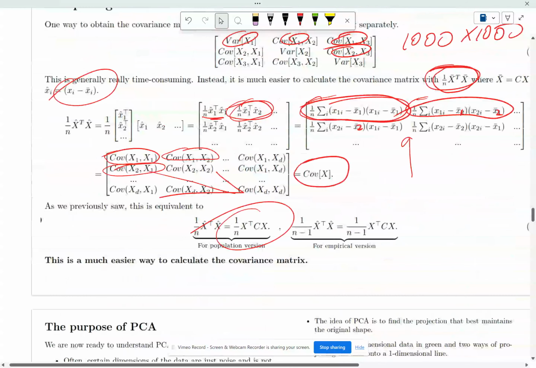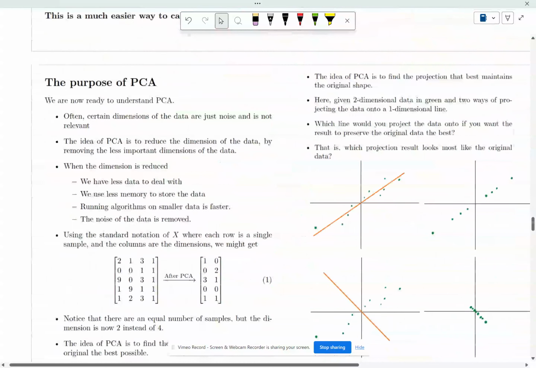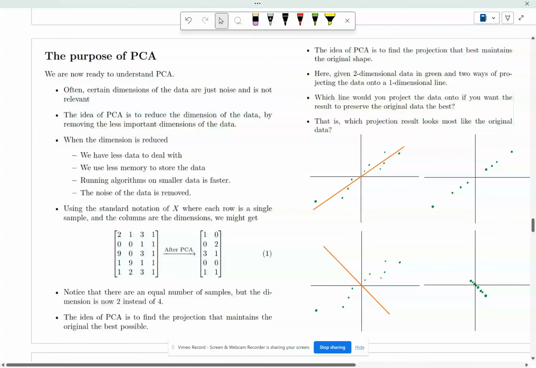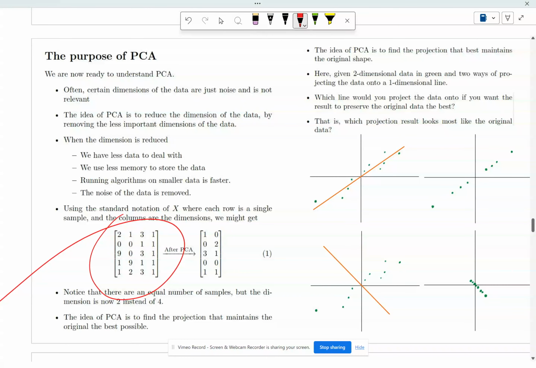Now that we've covered most of the basics, I think we're ready to talk about PCA, principal component analysis. Very often we have data that has high dimension, but even though it has high dimension, a lot of it is not really representing anything.